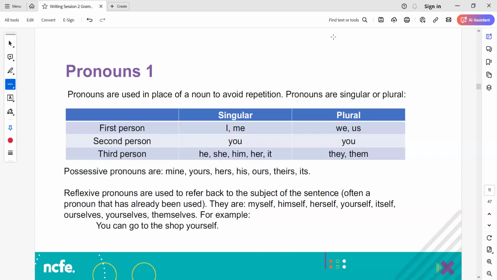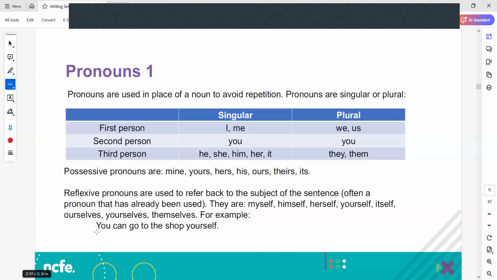If you said he could dress by himself, it's just very slightly different. But the main thing here is that they would match. If you're using you, you would be using yourself. If you're using me, you'd use myself, and so on.